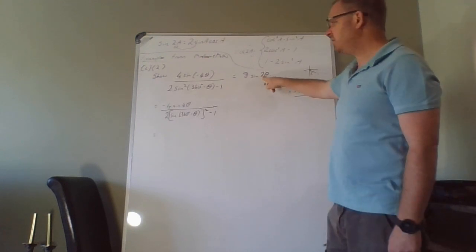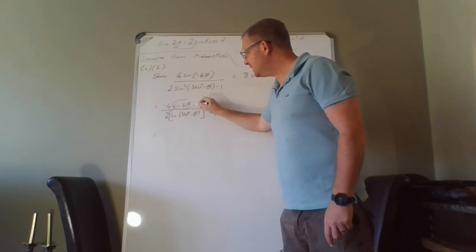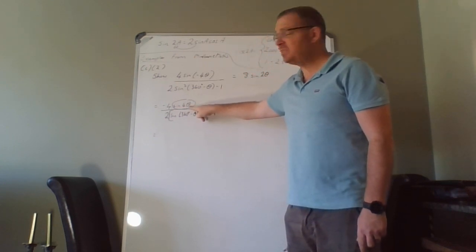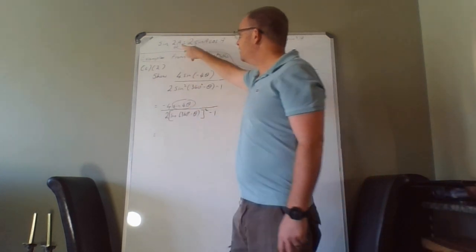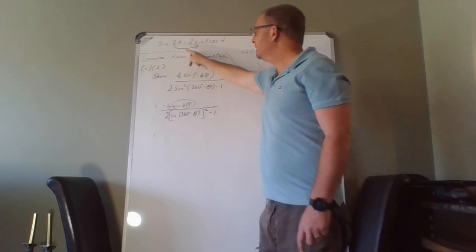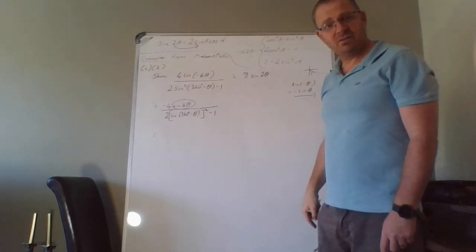I want, in my answer, only 2 thetas. So at the moment I'm sitting with a 4 theta. So I've got to change sine 4 theta and express it in terms of 2 theta. And to do that, I'm going to work in that direction. Sine of a double angle is 2 sine half of whatever that angle is, cos of half that angle.